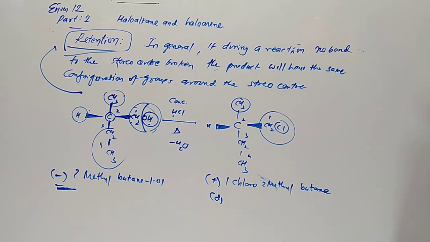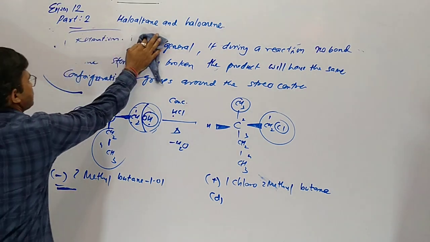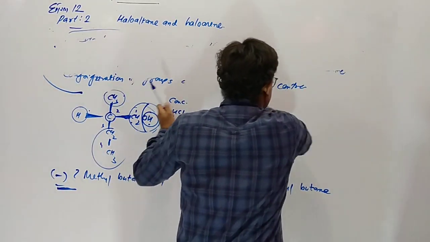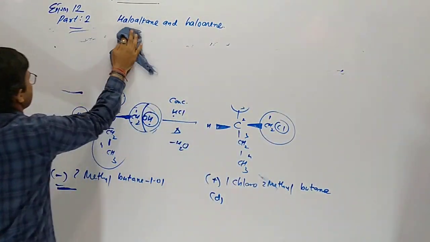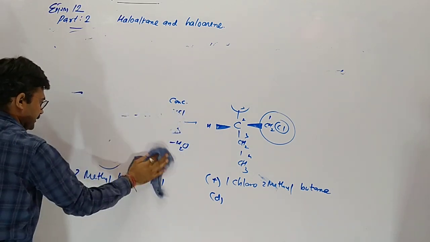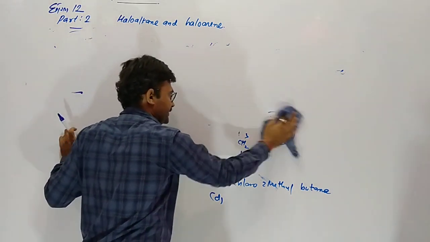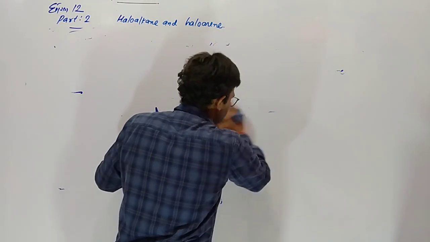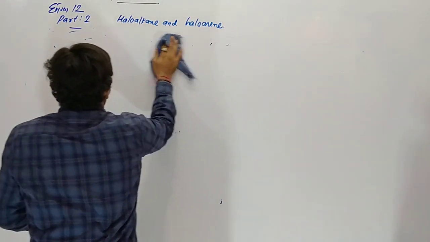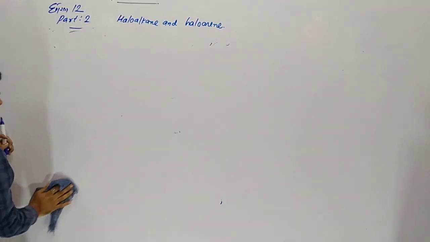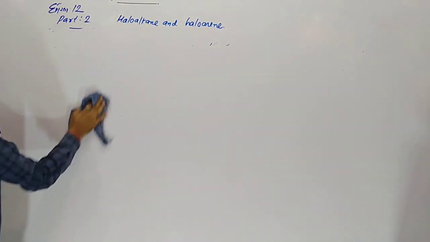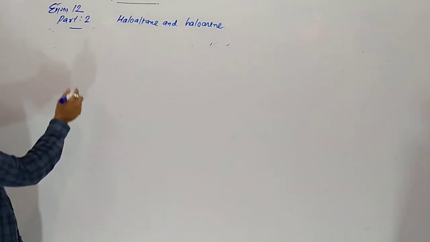Now the next point: inversion. Retention is over here. Now in which cases does the compound give retention, inversion, and racemization?